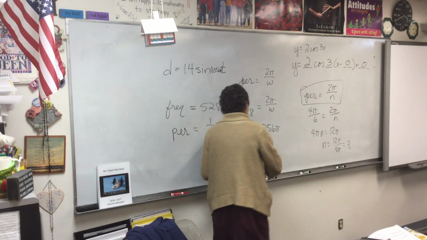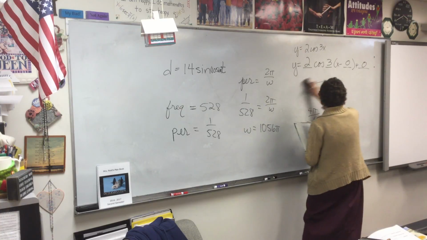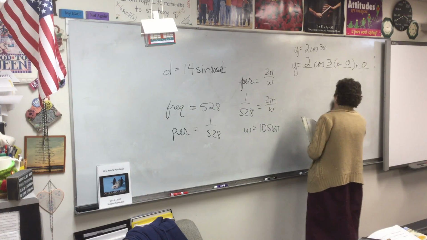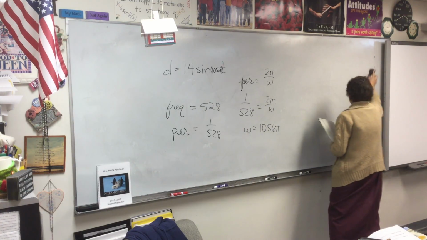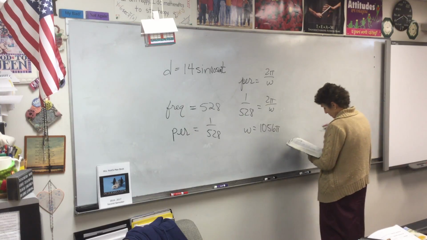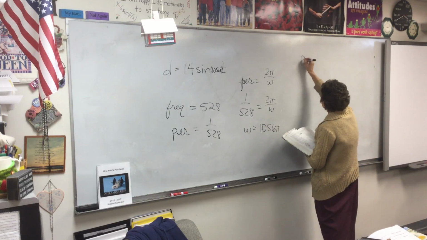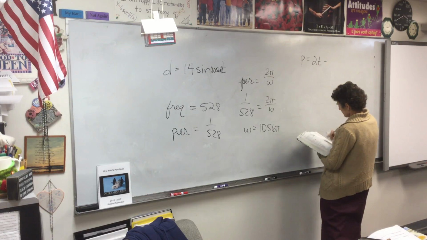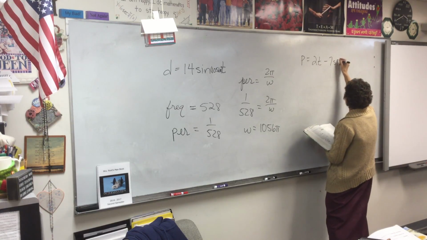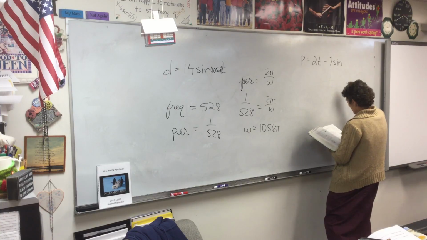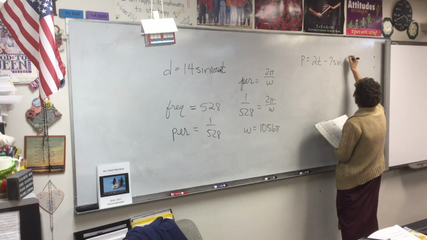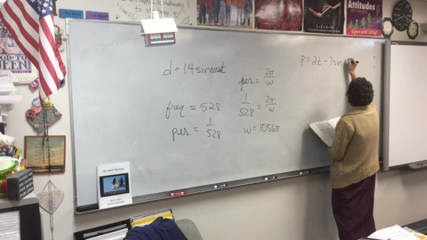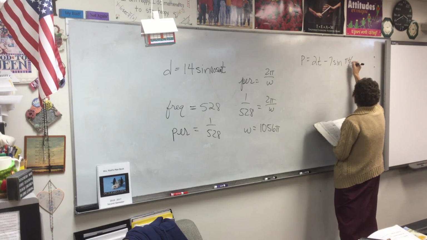Okay. So we've got this equation. It says P equals 2T minus 7 sine of pi T over 3.